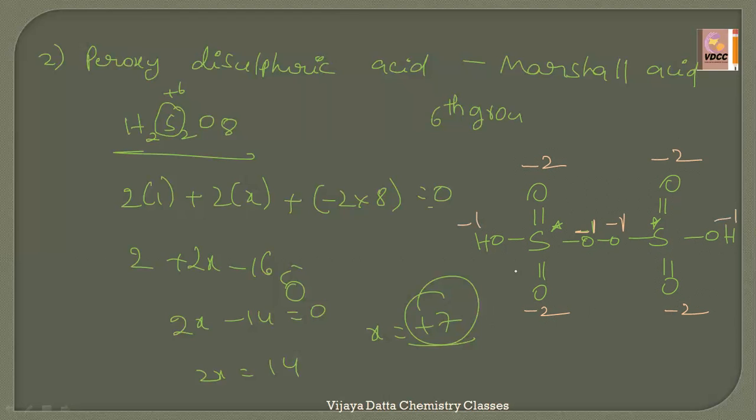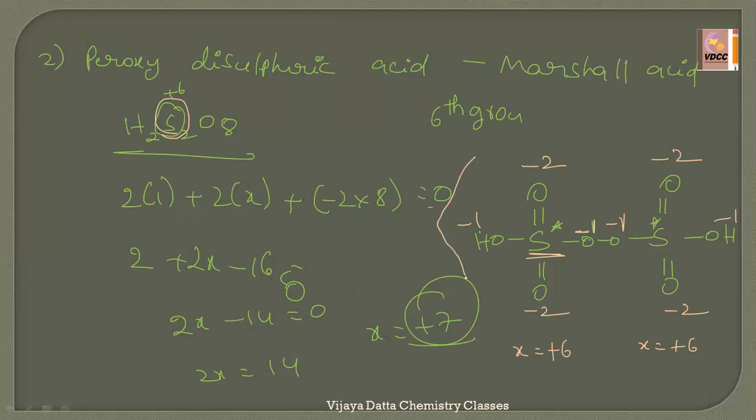If you calculate for this sulfur, -2, -2, -1, -1, then x is equal to... Otherwise you can take it overall: -2, -2, -4, -5, -6. This x is surrounded with -6, that is nothing but +6. This sulfur is also surrounded with -6, so it is +6. So each sulfur shows its +6 oxidation state.